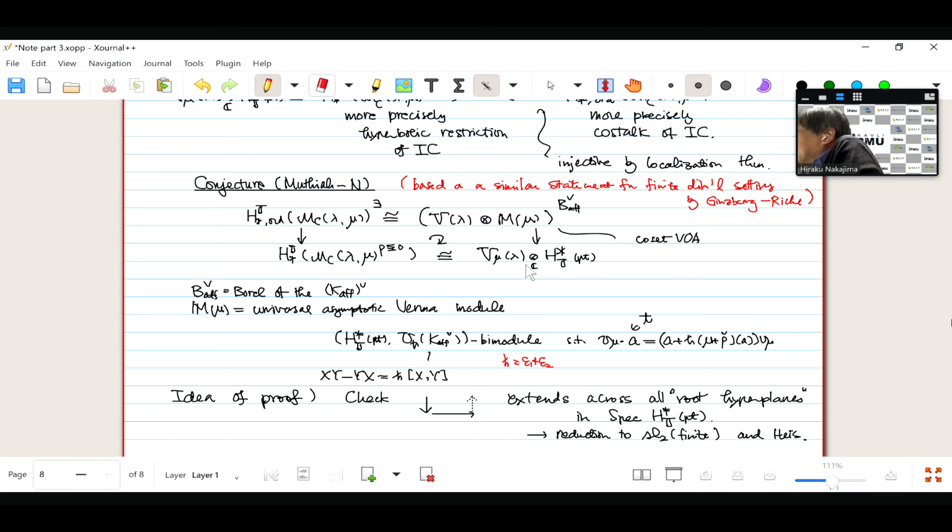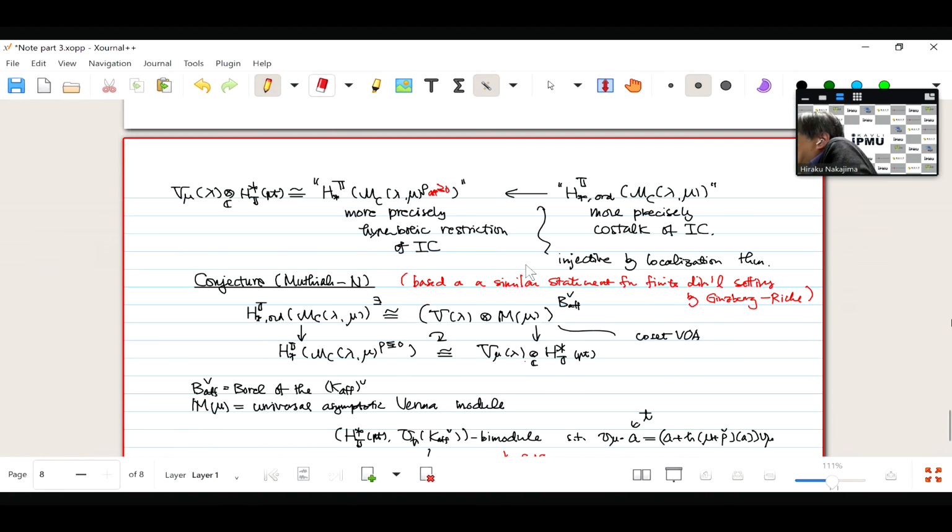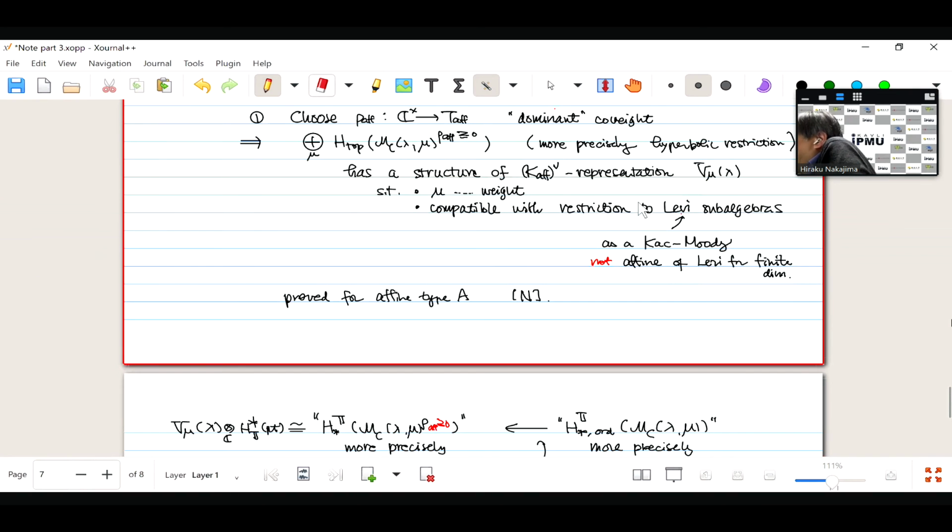That is because, as I emphasized there, this is compatible with the Levi subalgebra, but this is a finite SL2, not affine SL2, or the Virasoro subalgebra in the Kac-Moody algebra. So we start with the affine Kac-Moody algebra and pick a particular vertex and consider the corresponding subalgebra, which is finite dimensional SL2.